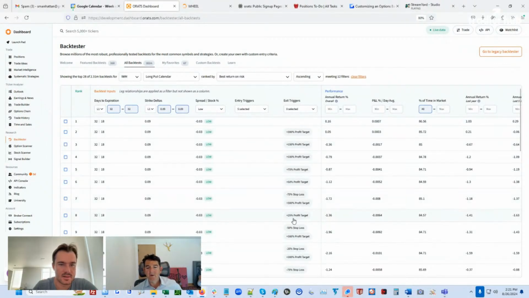As we've found, in calendars you don't want to exit too early. You want to give it room to go, and if you're exiting, you'd go for like a 300% or 150% profit target. The data is right there: the very top result is no exit. So we're just going to let this go, Tyler.